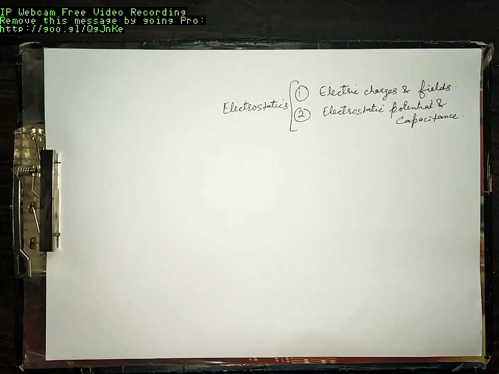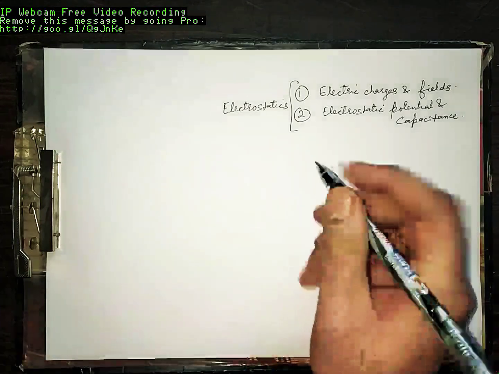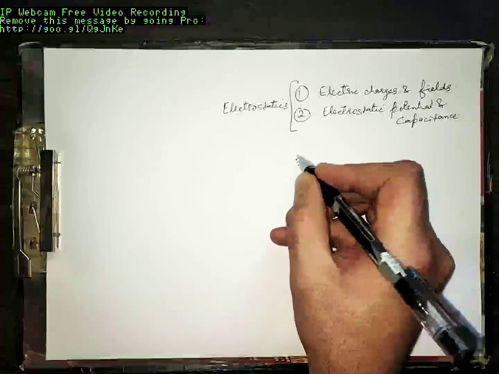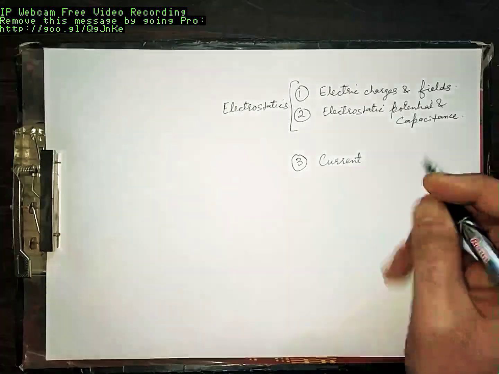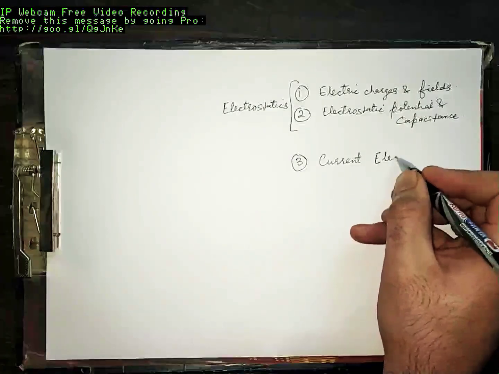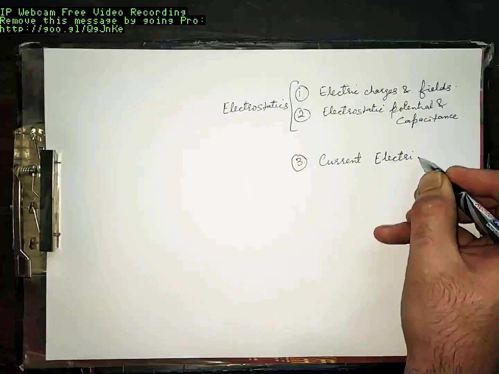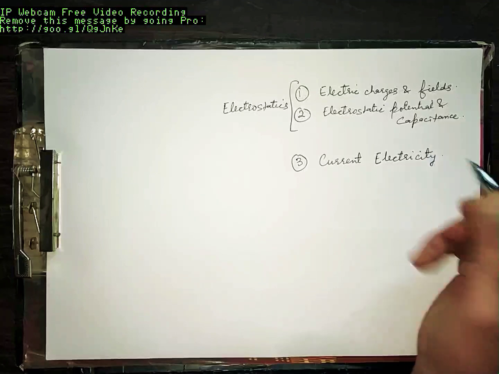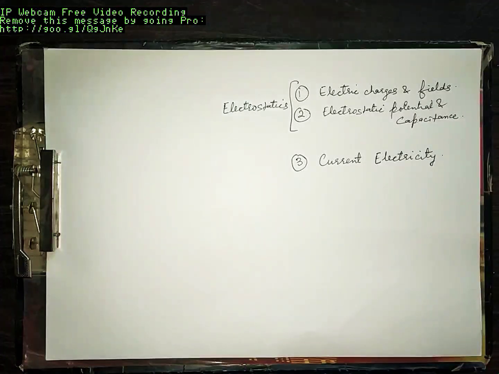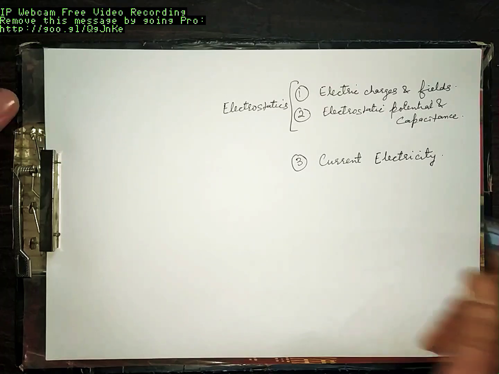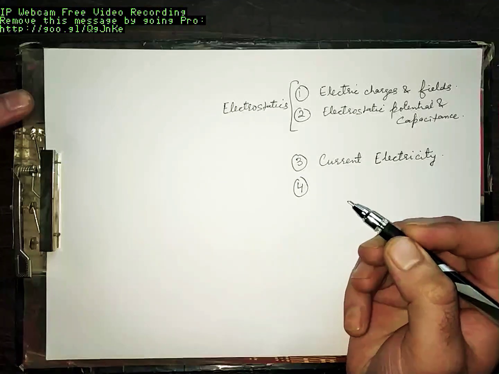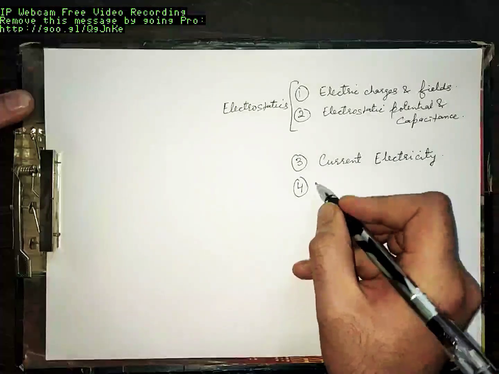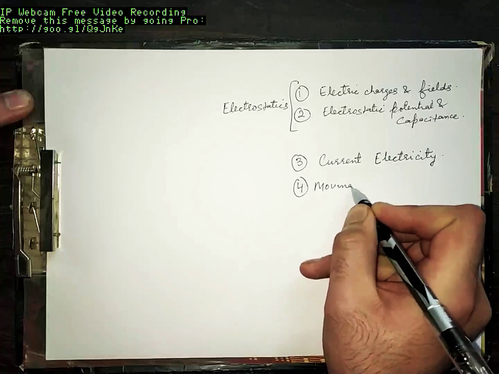Next, we moved on to the third chapter, that was current electricity. After current electricity, we moved on to another chapter, that was moving charge and magnetism.